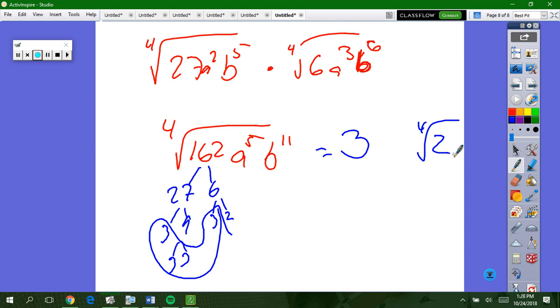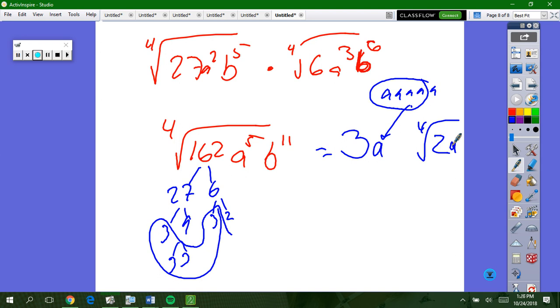How many times can 4 go into 5? Once with 1 remainder. There's one group of 4, hence why one A is coming out, and 1 stays over here. So how could I do that without having to write those out all the time? Just divide. 4 goes into 5 one time, so I have 1 A outside, with 1 remainder.